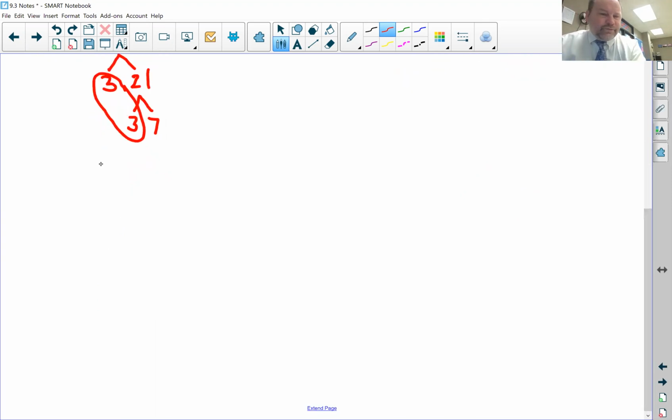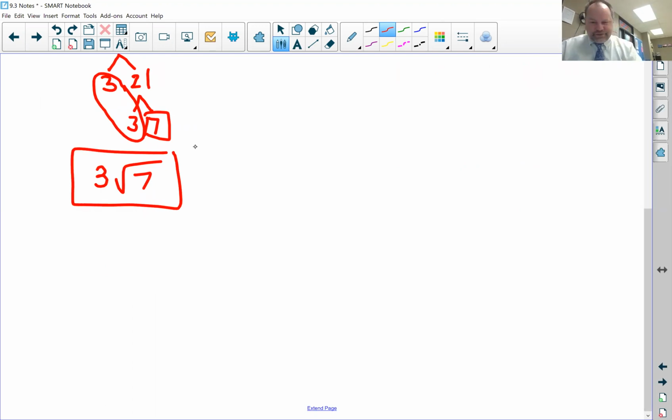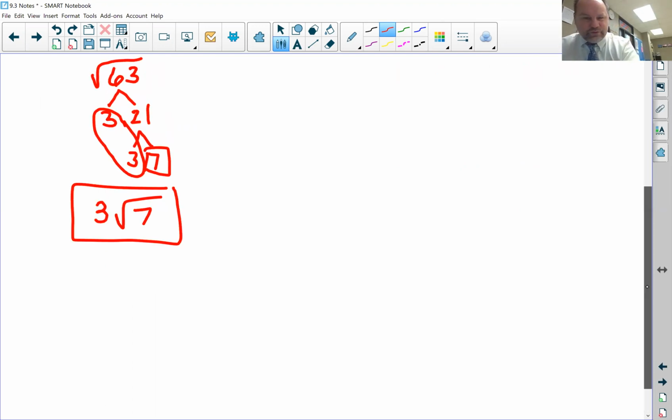I have a pair of 3s for factor. And I have a 7 that doesn't have a pair to go with, so that stays underneath the square root symbol.